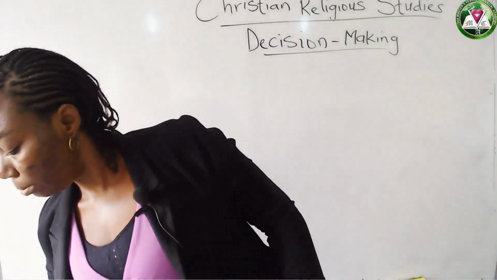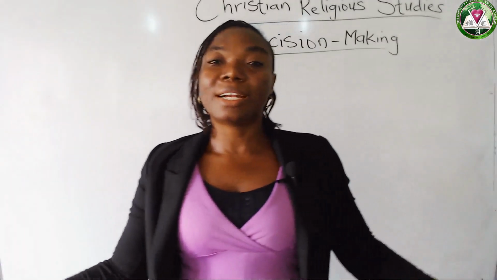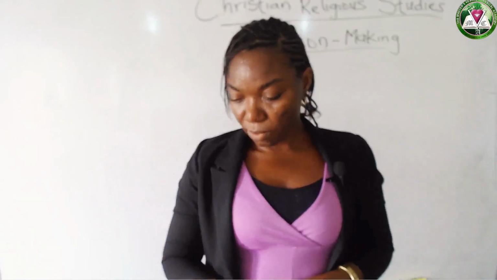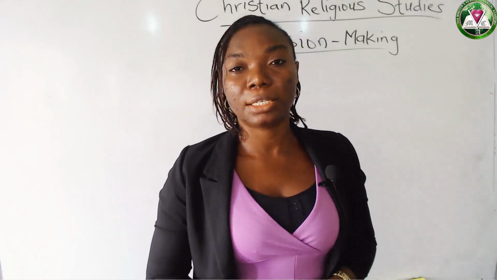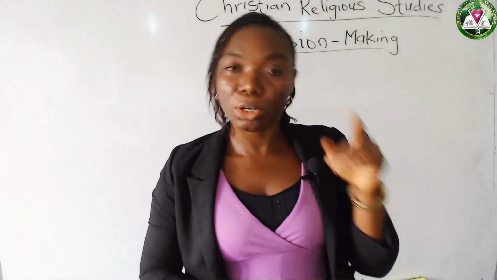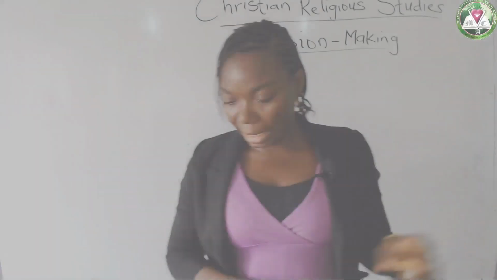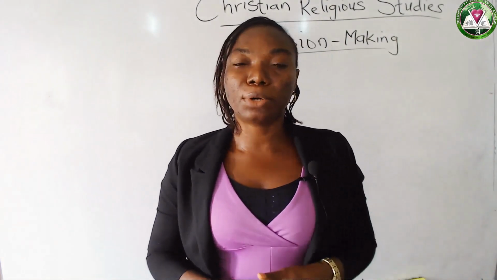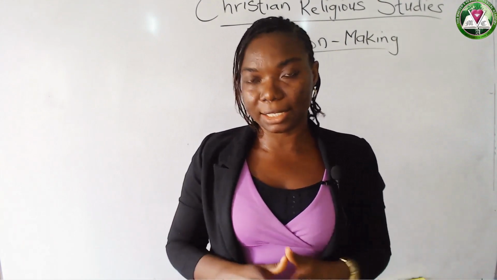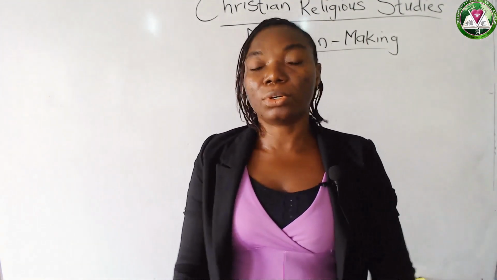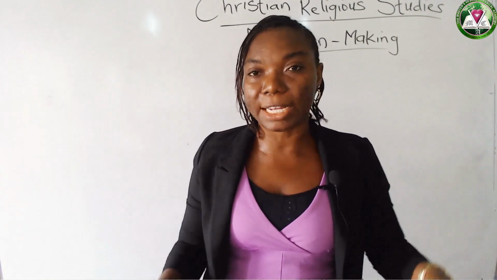Now, before you make a decision, there are certain steps you need to consider. And one of these steps is, first of all, you need to identify the problem on which you have to take a decision. And then the second one is that after you found the problem, you need to analyze it. When you have done that, the next thing you do is you go ahead and get information concerning that problem you have identified.